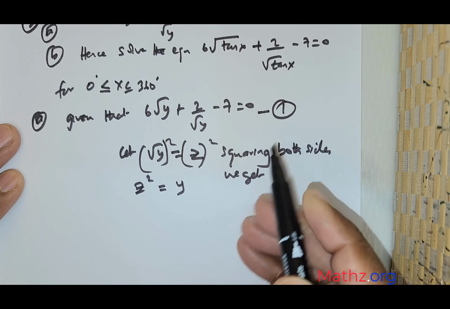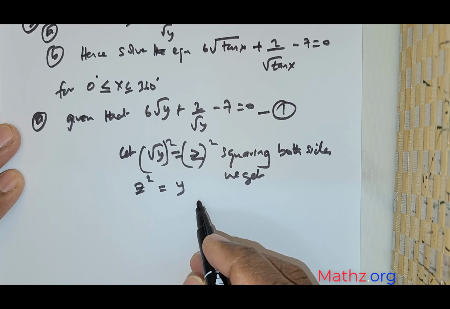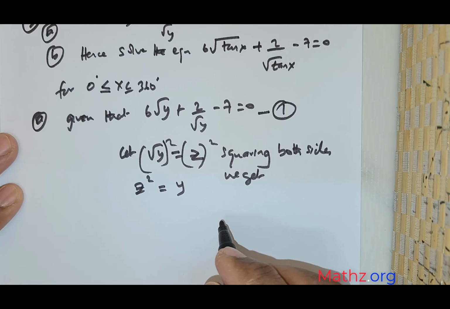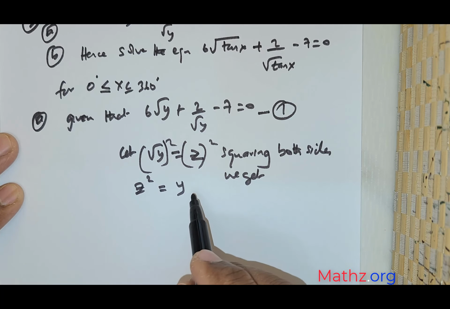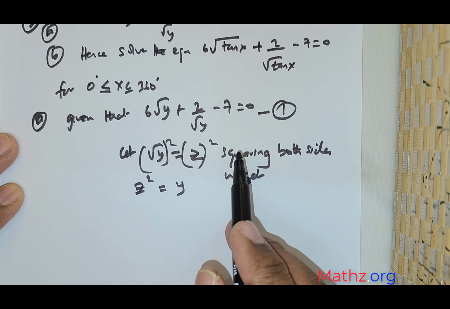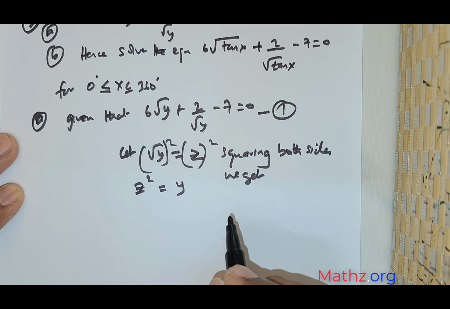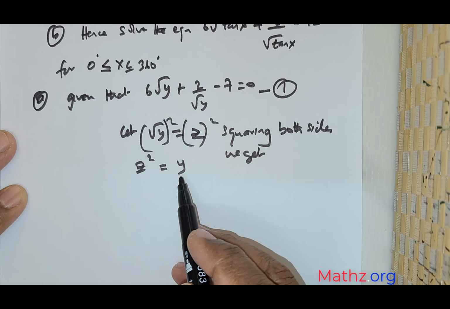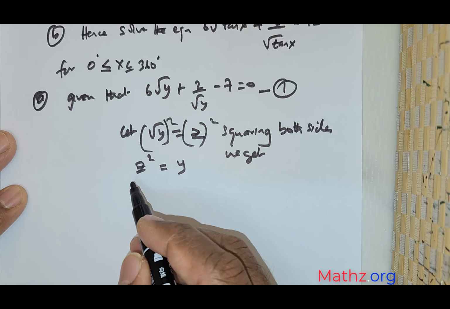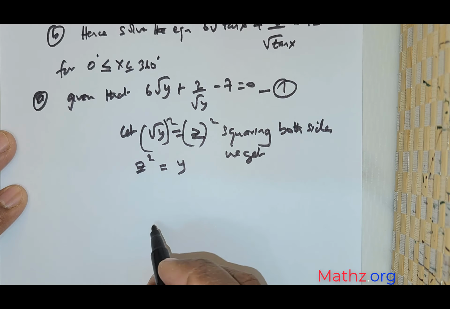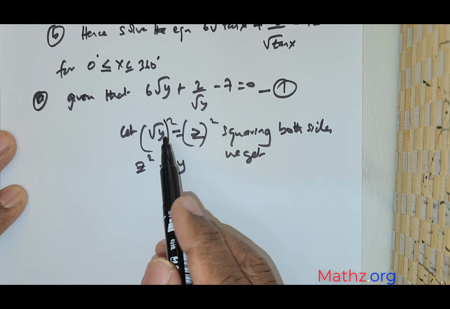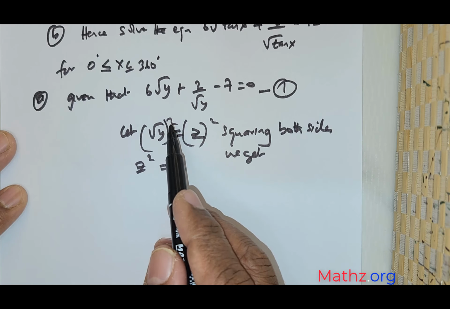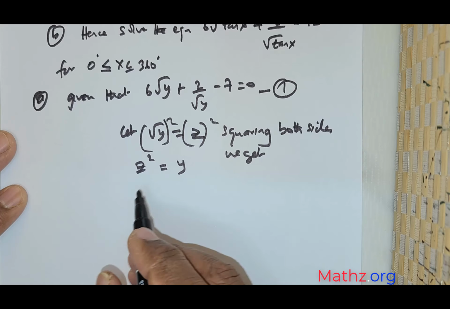And if I were to take this as 1, I can make the following substitutions. So wherever I get y, I can substitute z squared, and wherever I see root of y, I can make the substitution as z.